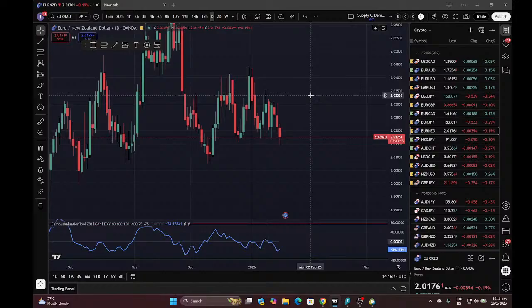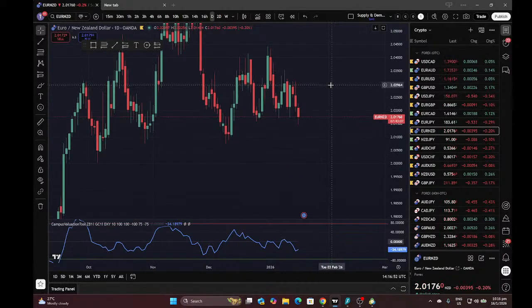Okay, as we previously mentioned that we are going to do for euro futures, we are looking at long here, and this is one of the zones that I'm looking at now. It's been touched so many times, and there's a drop base rally.